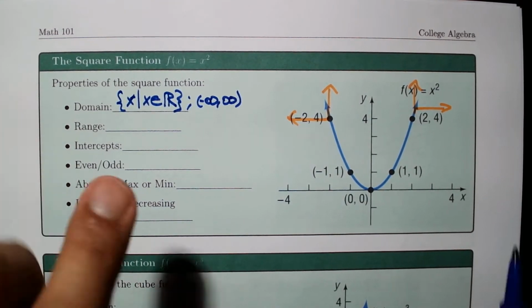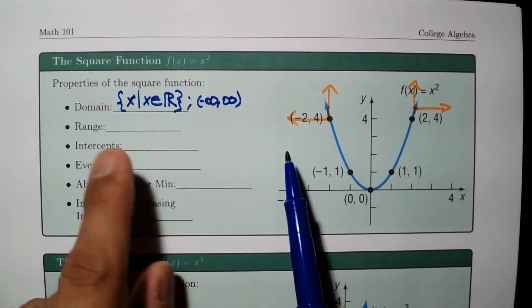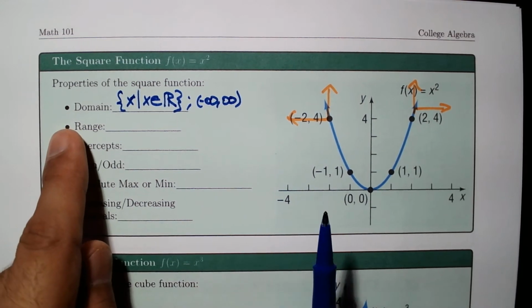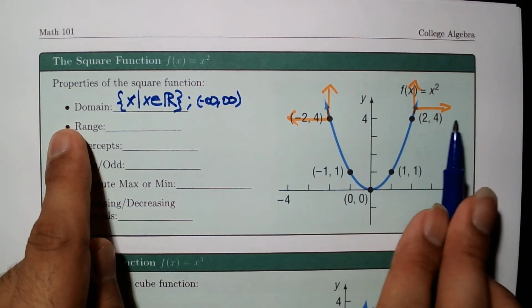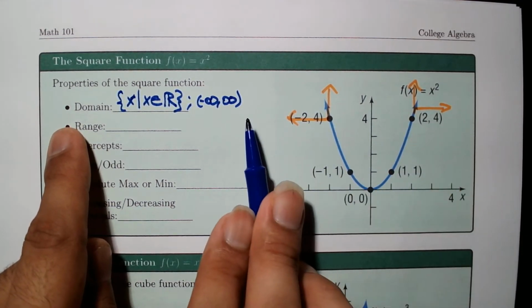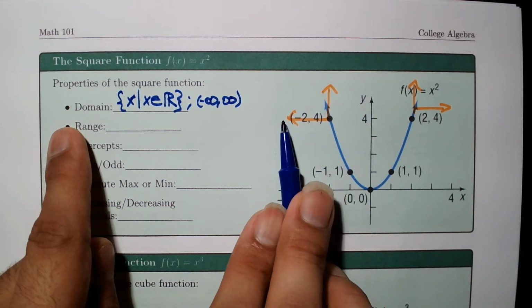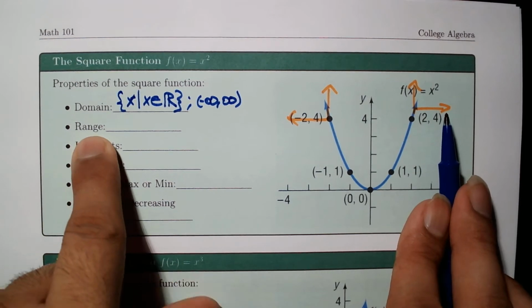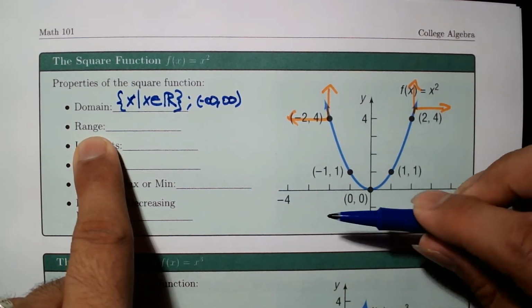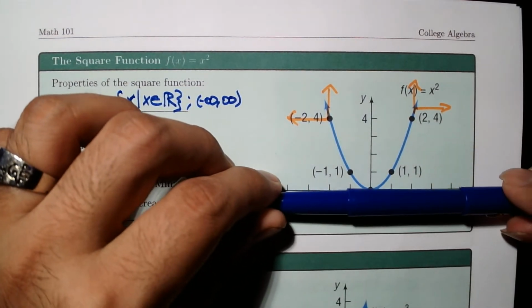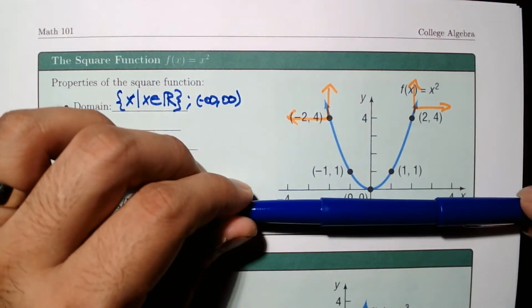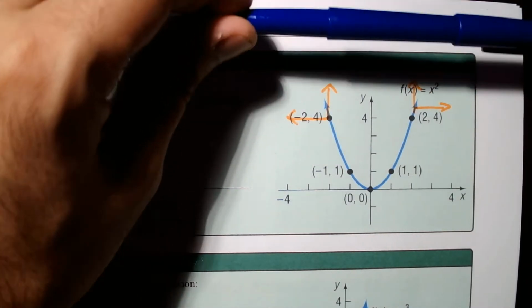In this case, well, what did we do to find the domain? We basically scanned the graph from left to right, and we found out that the graph goes on from negative infinity to positive infinity. Now, to find the range of the function, we are going to scan the graph from bottom to top, and we are going to look for the lowest value of y and the largest value of y.